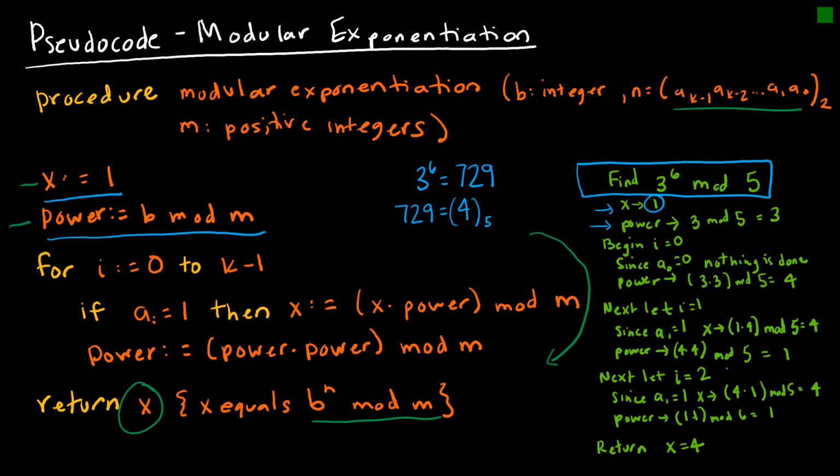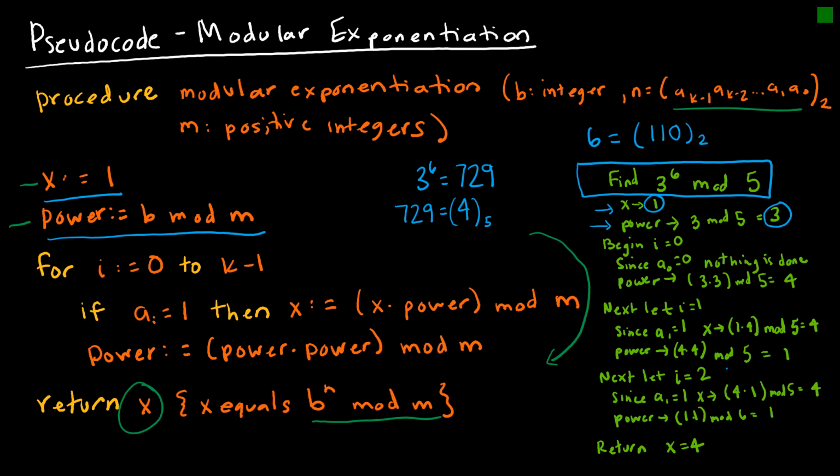So I've got x is 1 and the power is 3. Then I have to look at 6 as my exponent, and again I want to look at 6 as a binary. So 6 in binary, or base 2, means I have 1 four and 1 two and 0 ones. So it's 110 base 2.